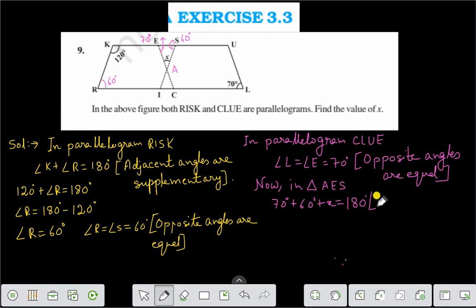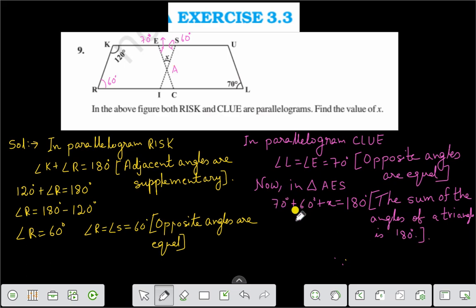The reason is that the sum of the angles of a triangle is 180 degrees.